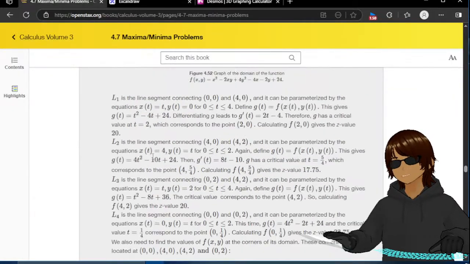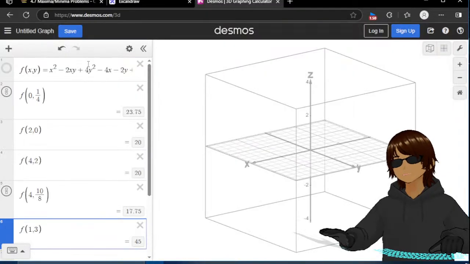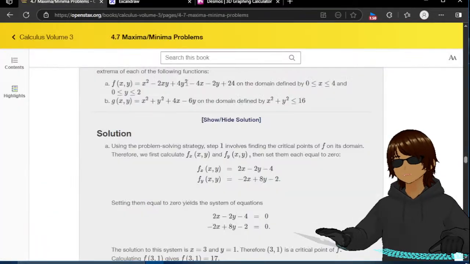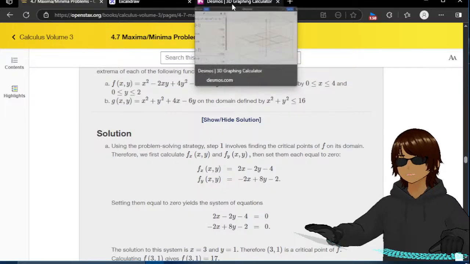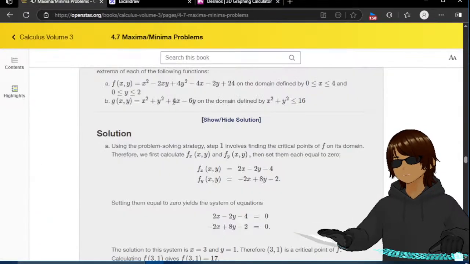Hold on. What's the issue here? x squared minus 2xy plus 4y squared minus 4x minus 2y plus 24.